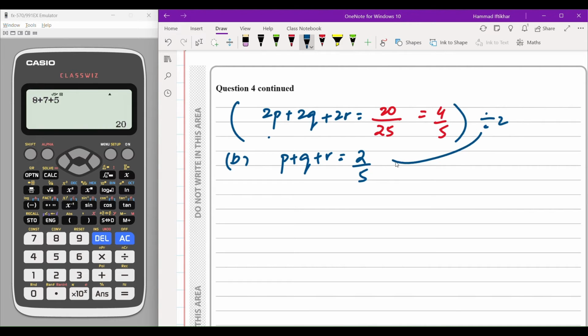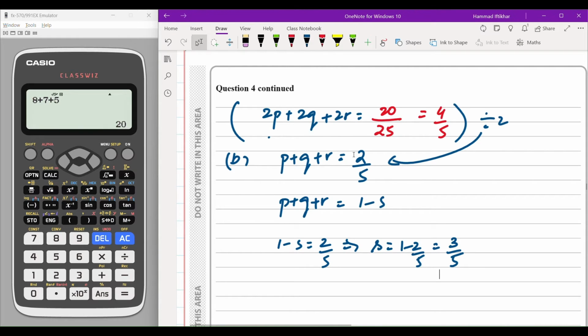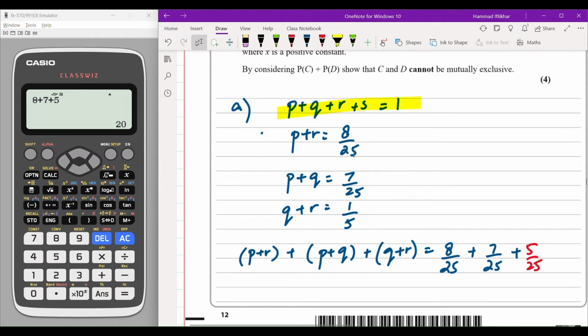And we also know that P plus Q plus R is equal to 1 minus S. So using that, 1 minus S is equal to 2 over 5, and that means S is equal to 1 minus 2 over 5, which is 3 over 5. Okay, now that we found S, 3 over 5, let's go back to finding the rest of the values.